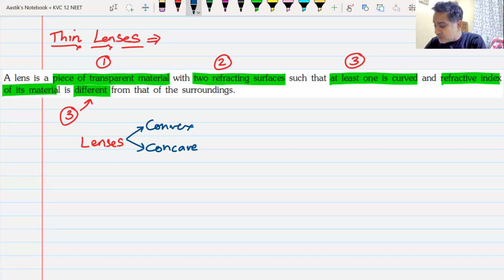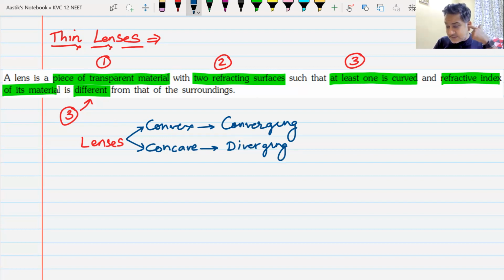Yes, these convex lenses are known as converging lenses. We know this. And these concave lenses are known as diverging lenses. Yes or no? All of us understand these small things about lenses.